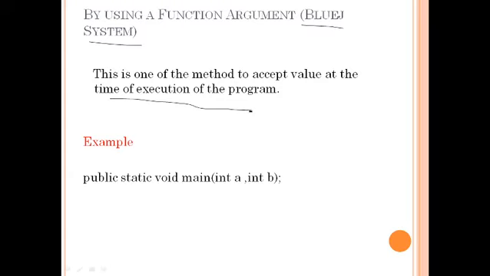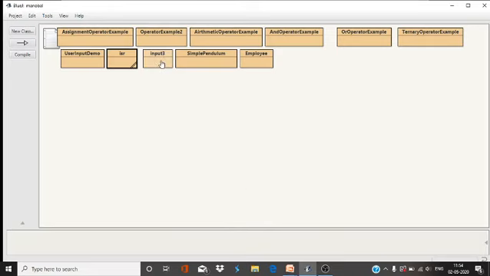When the program is at runtime, that time you give the value, and on that value the program will execute and perform the operation. For example, in the main method I have given two parameters, int a and b. Whatever manipulation we want, we can do with these two parameters a and b. Let's see one example so that it will be clear to you.